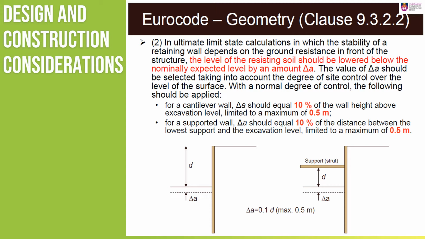While for a braced wall, for a supported wall, delta A should equal 10% of the distance between the lowest support and the excavation level, similarly limited to a maximum of 0.5 meter. So this is the strut, and then the D. The D and the delta A is given by this figure.